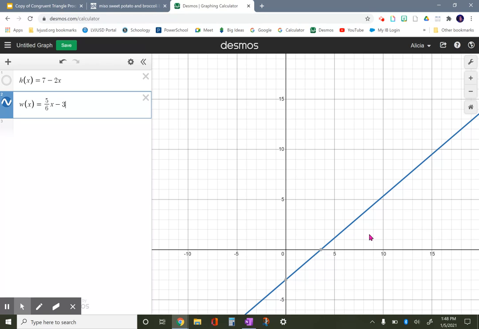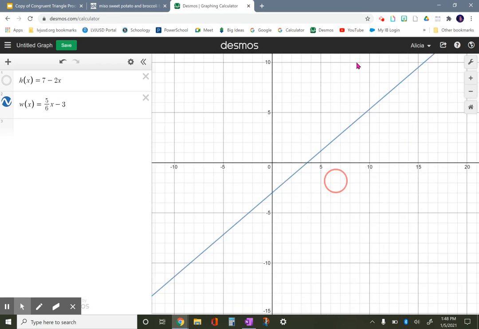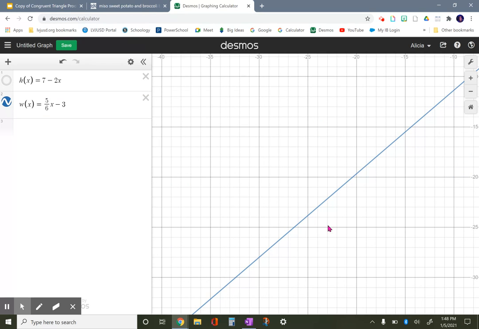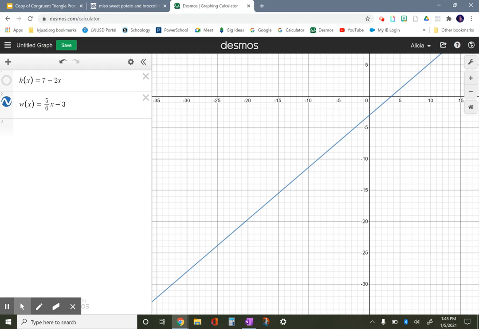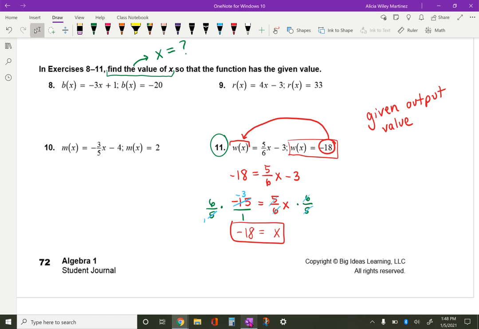So I'm going to go to a y value of negative 18. I'm going to go down to where that is. There it is. Negative 18 is a point on that line, so I know I'm correct. So if the y value is negative 18, the x value actually happens to also be negative 18. That doesn't always happen, but there you go.